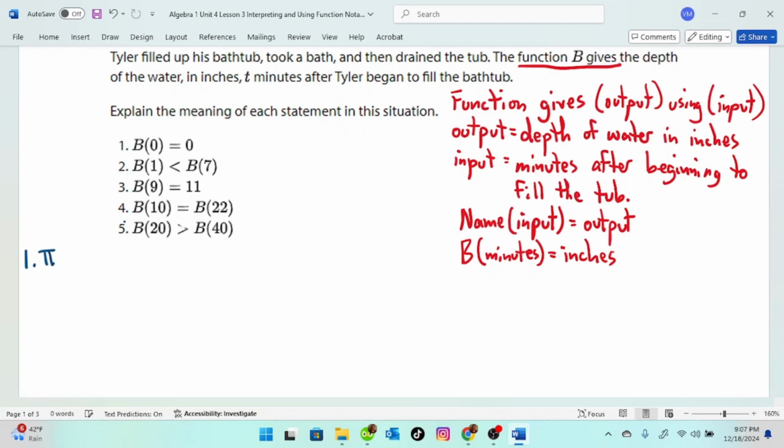So the tub was empty when he began filling it.